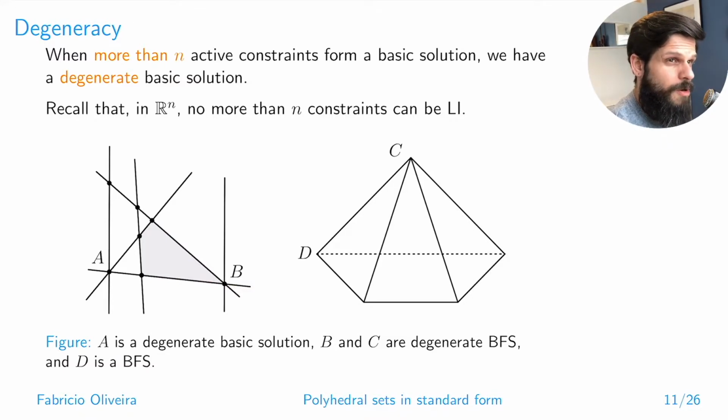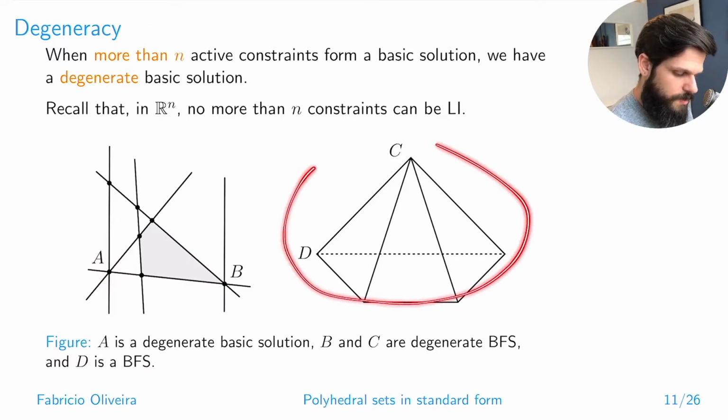And that is a problem if I can't really see my geometry, if we are working only with an algebraic representation of it. So this is a degenerate basic feasible solution. This one is degenerate, but it's not feasible. The problems arise when they are degenerate and also feasible.